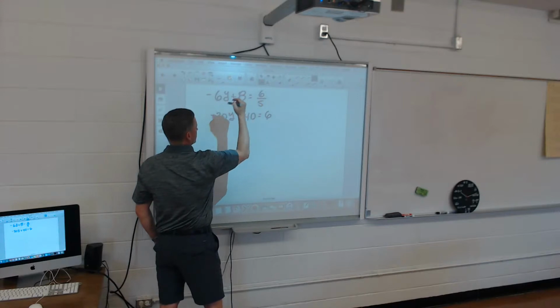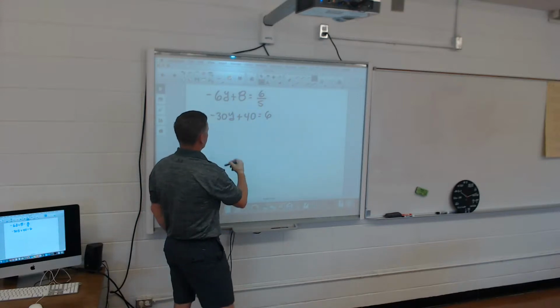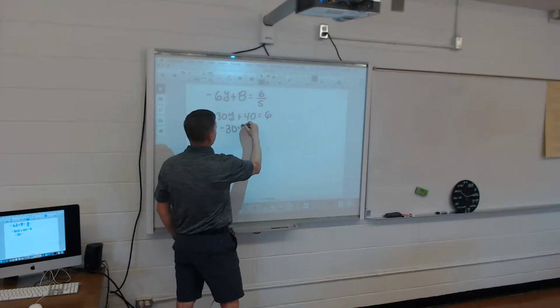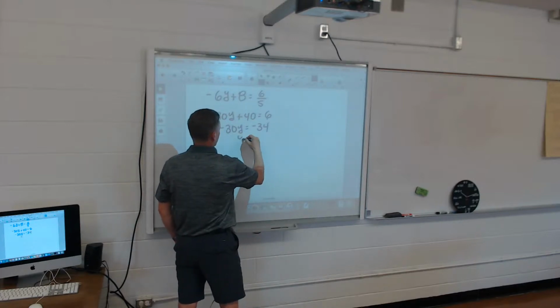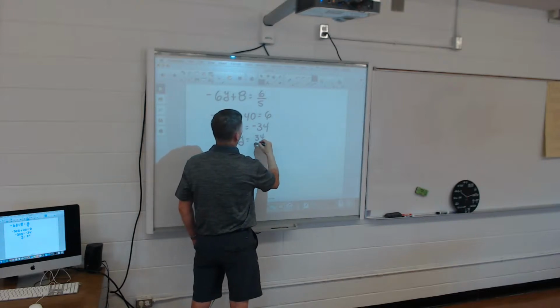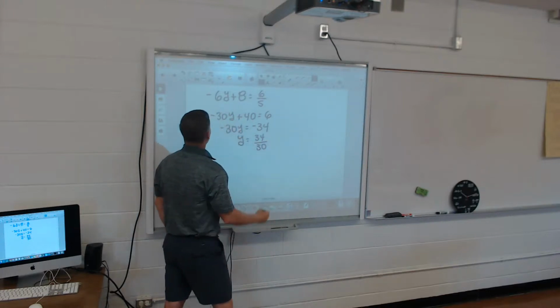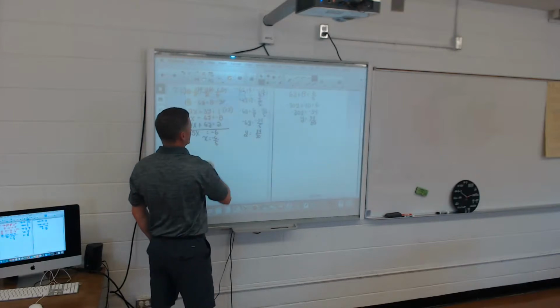Because then that gets rid of your denominator right there. Then simplify it. Minus 30y equals minus 34. Y equals 34 over 30. Okay? Either method is good.